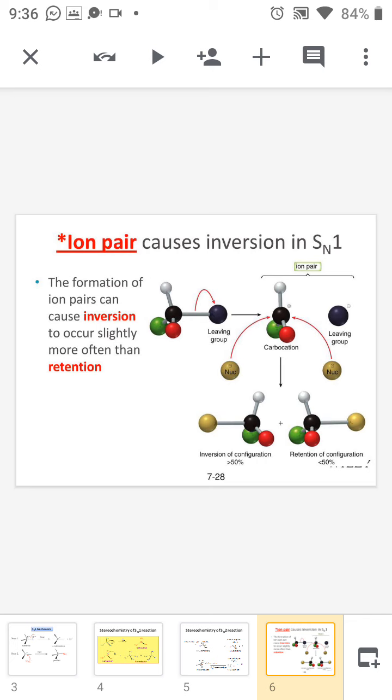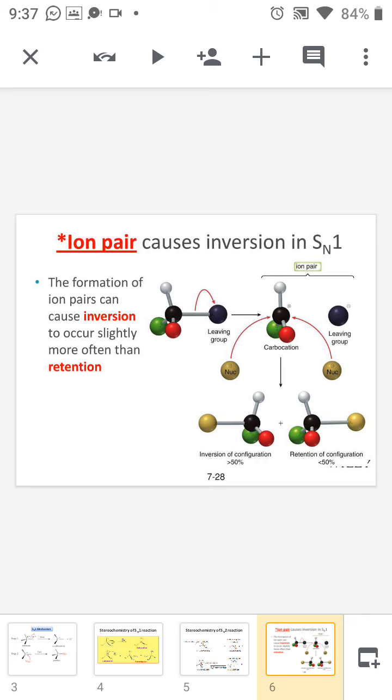But on the right side, the leaving group is very close to the carbocation, so the nucleophile would have to overcome the leaving group. That's why the possibility of attack by the nucleophile in the direction opposite to the leaving group is maximum if the carbocation and leaving group are in an ion pairing state.